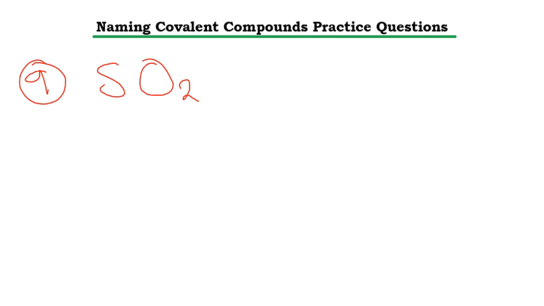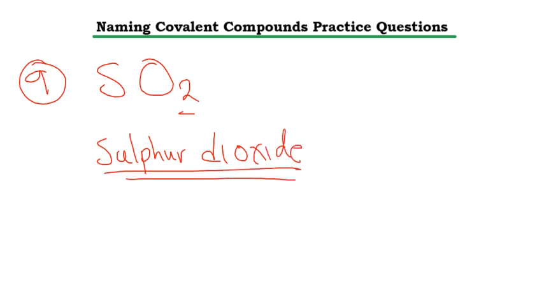The first element has only one atom present, so we don't add a prefix; it will be sulfur. The second element has two atoms, and remember the second element always has a prefix, so the prefix for 2 gives dioxide: sulfur dioxide.